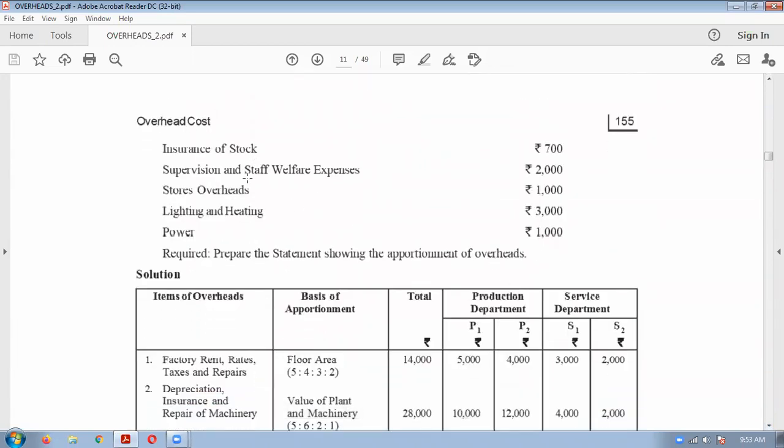Insurance, supervision and staff welfare expenses, stores overhead, lighting and heating, power. All these things are common expenses, indirect expenses you can say.